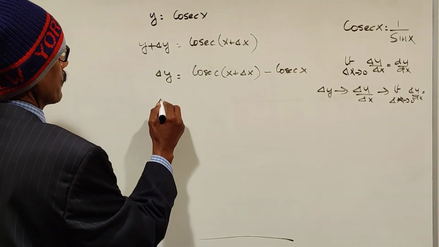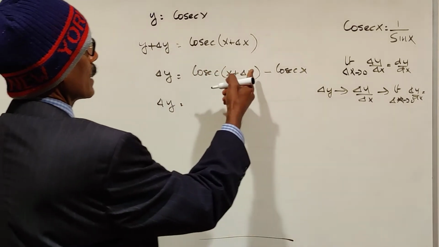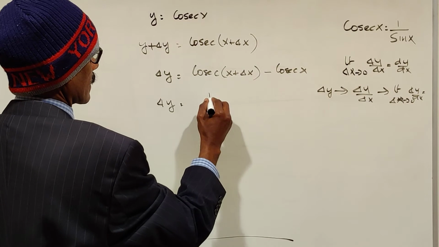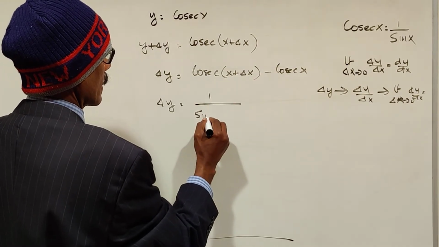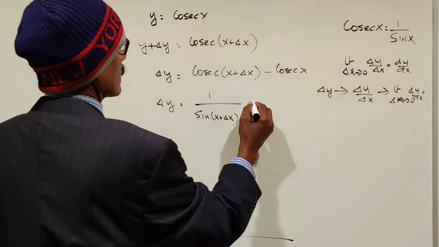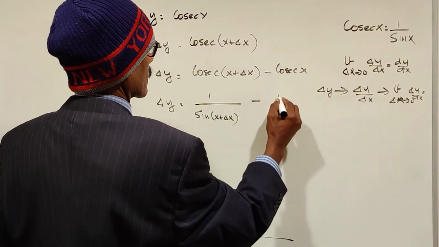Okay, delta y equals, what is cosec of x plus delta x? 1 by sin of x plus delta x, minus cosec x, which is 1 by sin x.